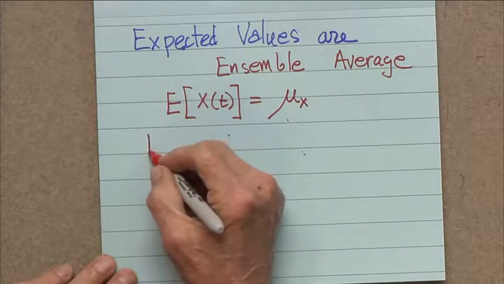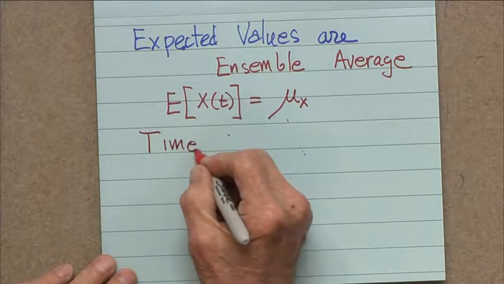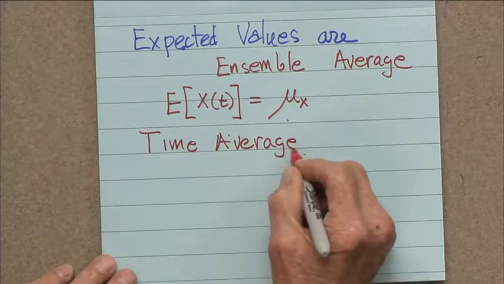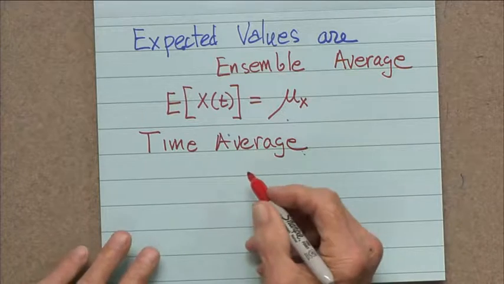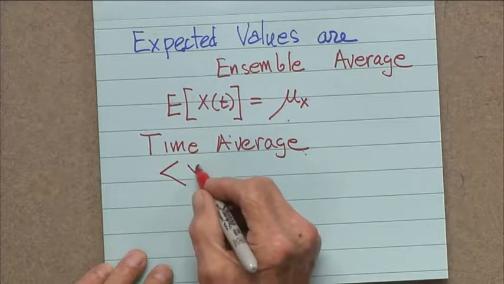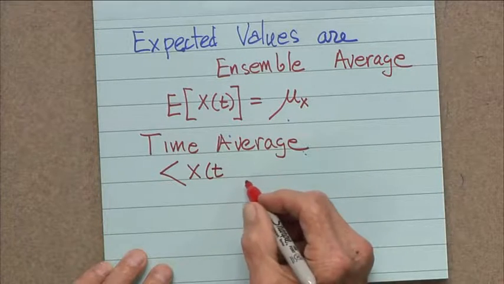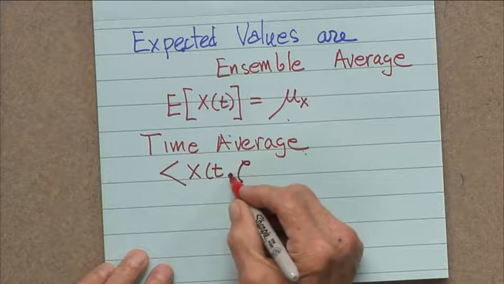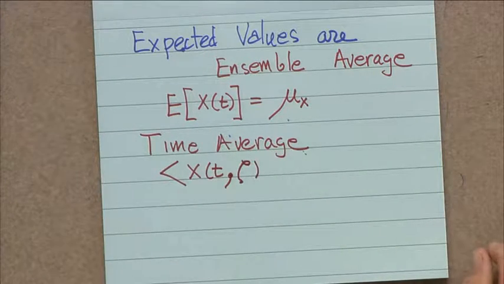A time average of x of t, we'll say x of t, zeta. Zeta is the random variable.